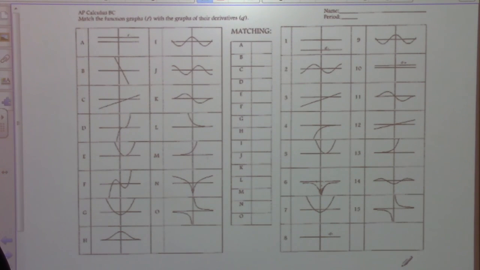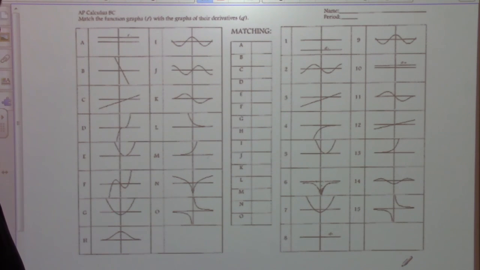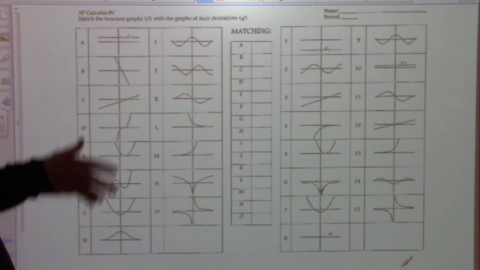What I've seen in the past is you go through a process of elimination. You gradually eliminate candidates until you get the right answer.